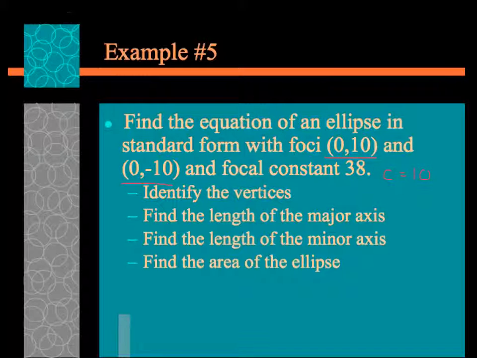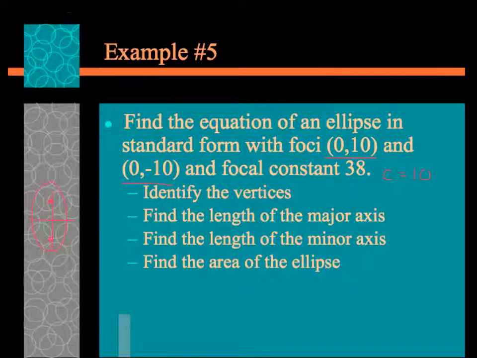And we want to remember that A, B, and C are always positive numbers. Now I also want to notice that the coordinates of the foci are given such that I can see that they are on the y-axis, which makes this a tall ellipse because the foci always sit on the longer axis.